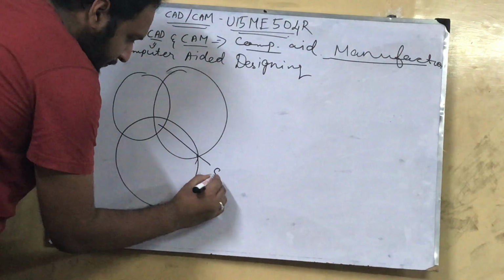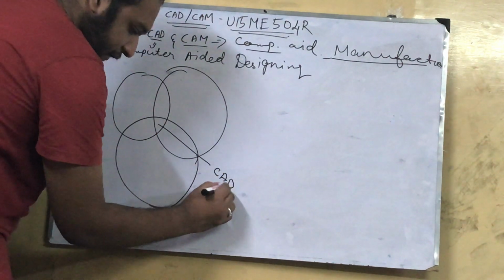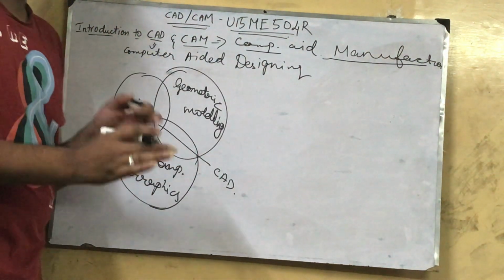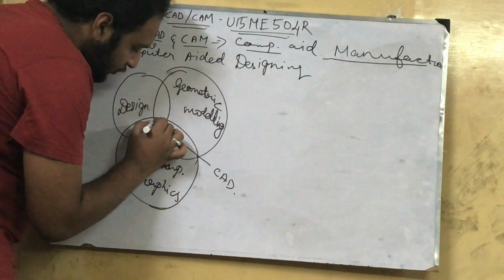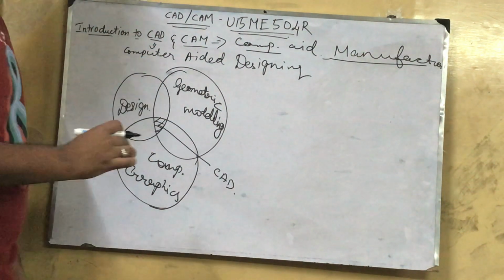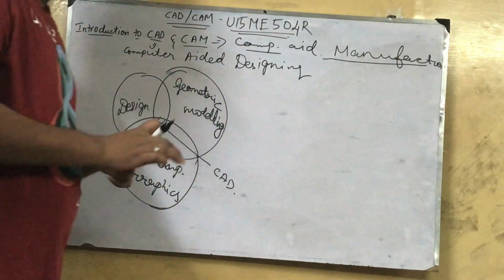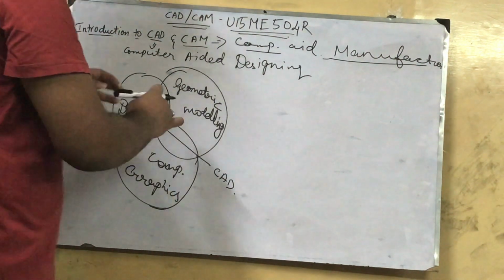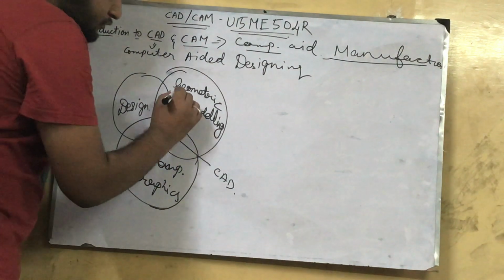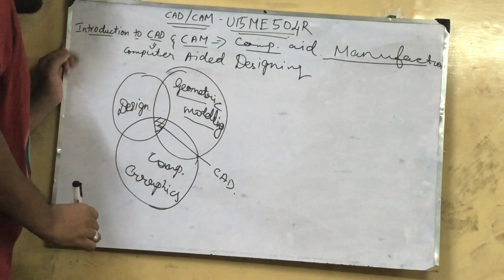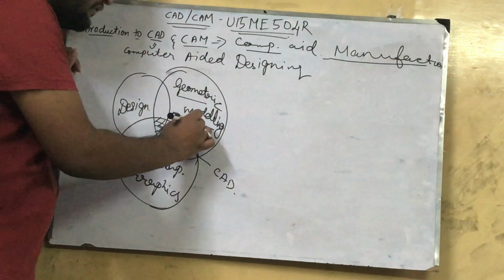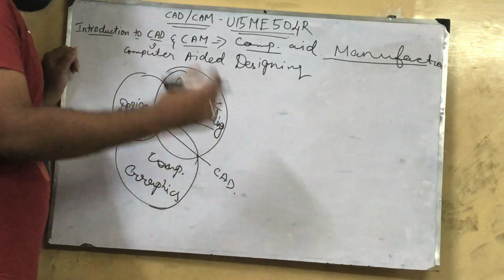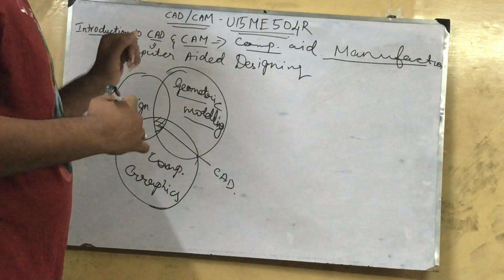this is CAD, computer aided designing, which is represented by three things that enable CAD: the geometric modeling, where all the dimensions and everything come under geometric modeling, the representation, boundary representation and so on.